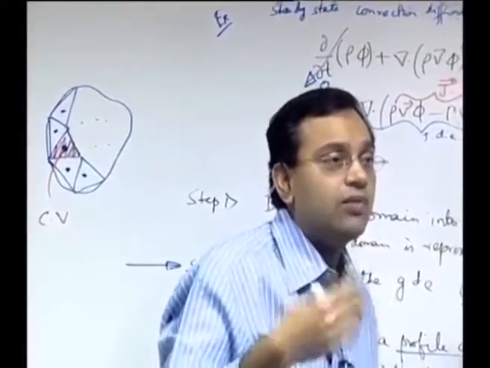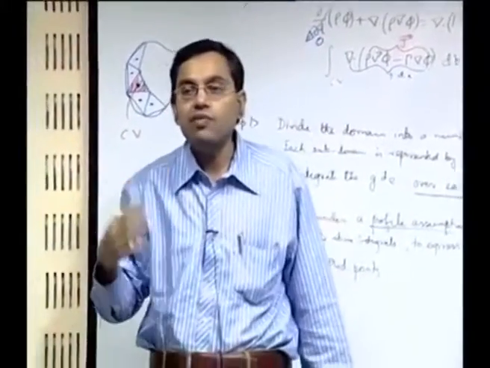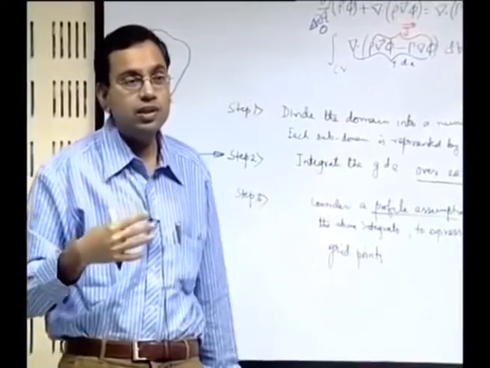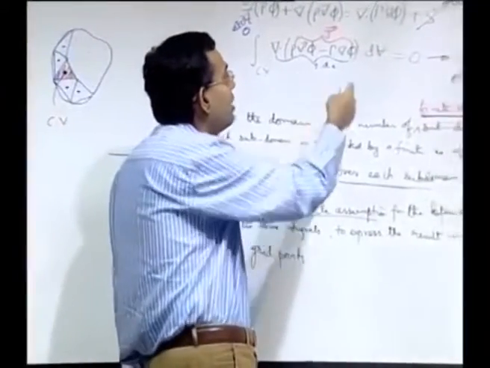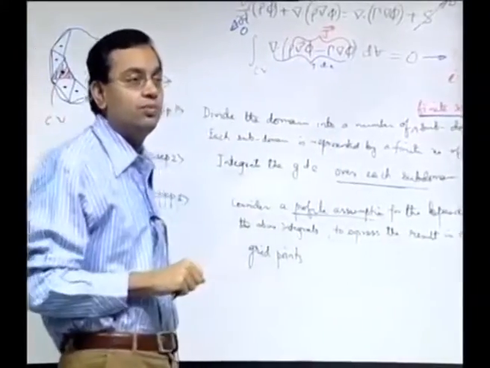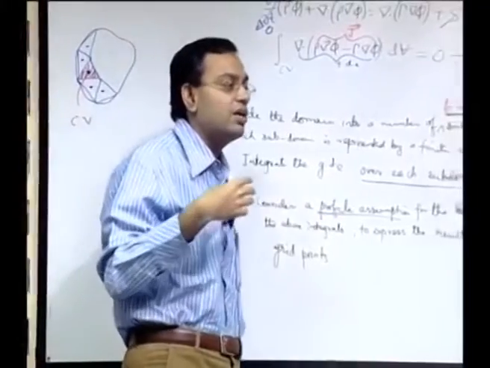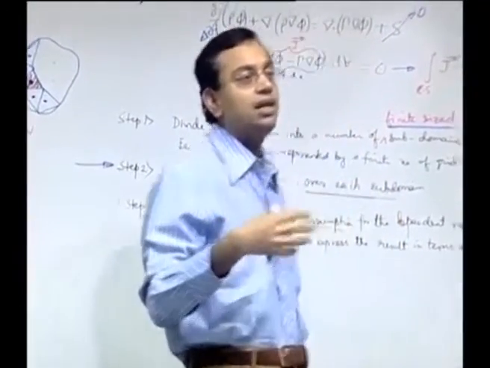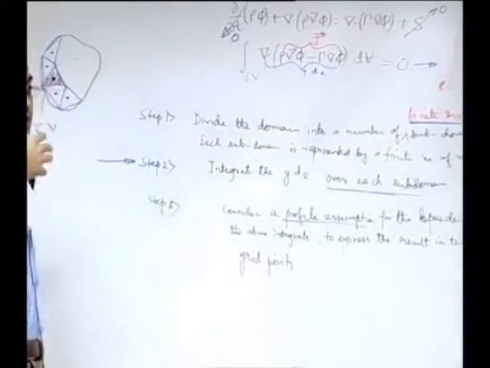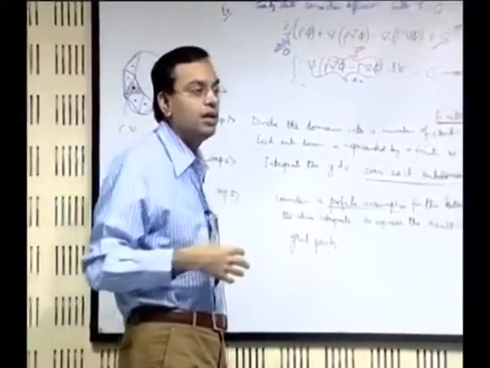The requirement of conservation, which is the basic physical root of deriving the corresponding governing equations, is followed while deriving the mathematical form of the finite volume discretization, and that is why it is so well accepted by the fluid mechanics and heat transfer community, because it satisfies the requirement of conservation by its own simple implementation.